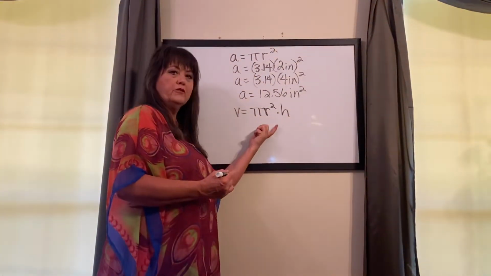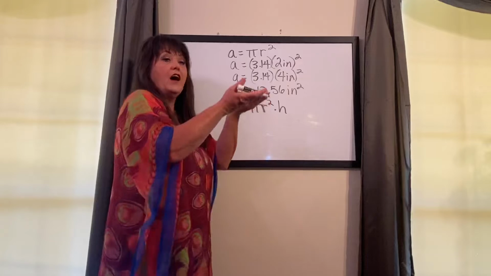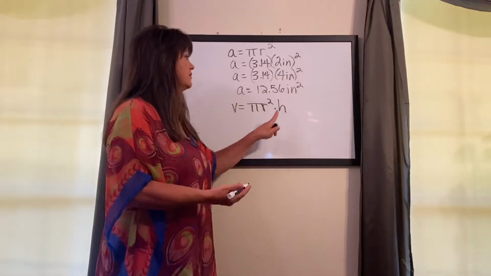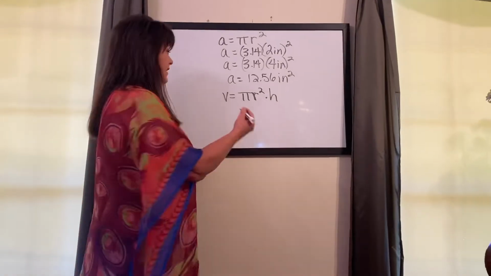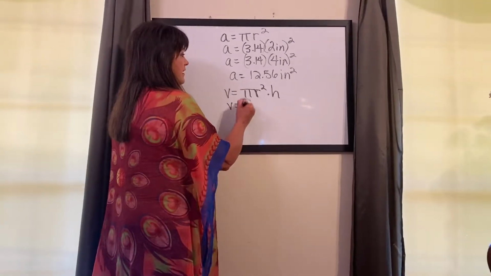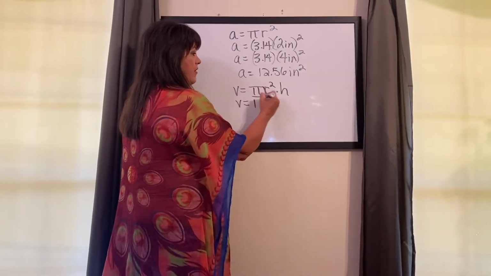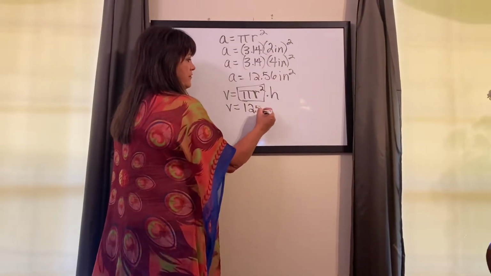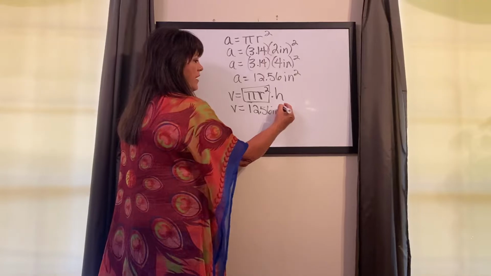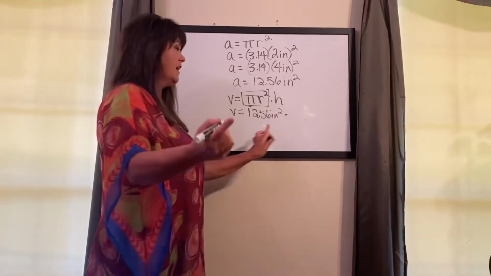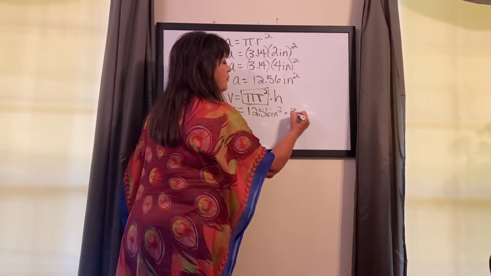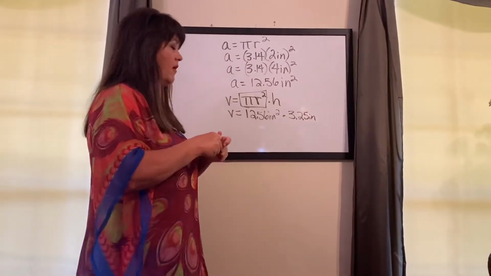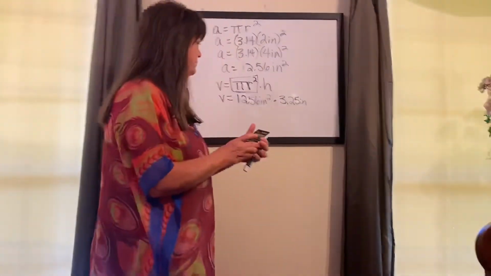Now you're just going to multiply that area times the height, because you want to know how far you pushed it through space. So the height, in this case, of my rice is, I've already calculated this part. I've already done that circle. I got 12.56 inches squared, and now I'm multiplying that times the height, which is 3 1/4 inches, 3.25 inches. So now I need my calculator again.